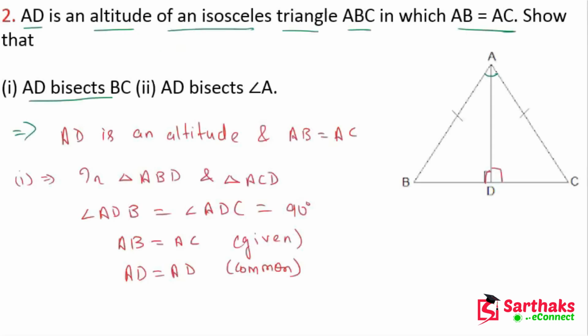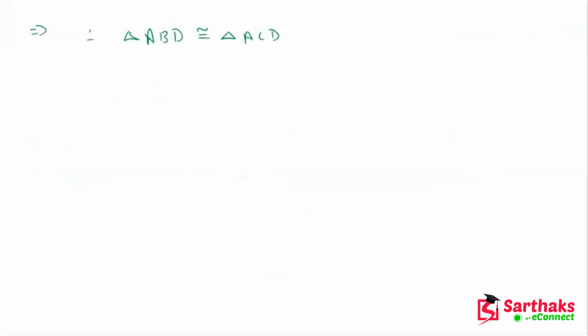Now you can see by which rule? Here one angle is 90 degrees, one side is the hypotenuse and there is one more side. So we can say that these two triangles are congruent by the RHS rule.